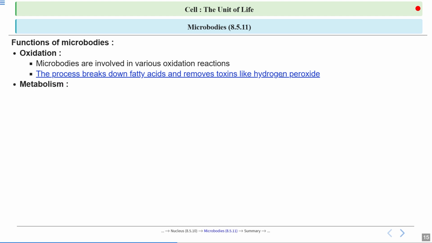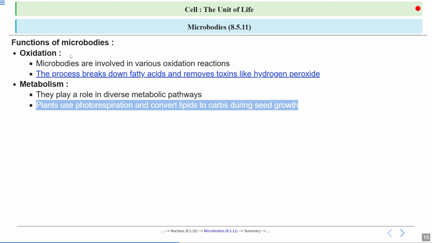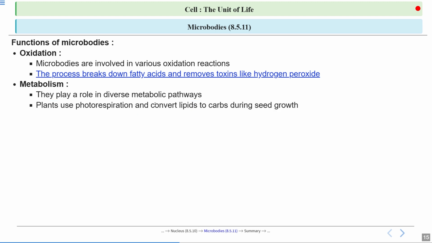Now it is also involved in metabolism. They play a role in diverse metabolic pathways. Plants use photorespiration and convert lipids to carbohydrates during seed growth. So this is occurring in these microbodies. During seed growth, carbohydrates are required, so lipids are converted into carbohydrates. This is done in the microbodies.